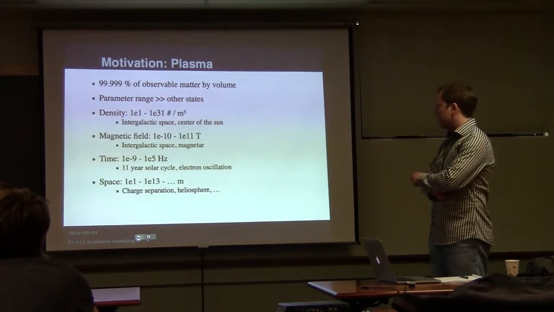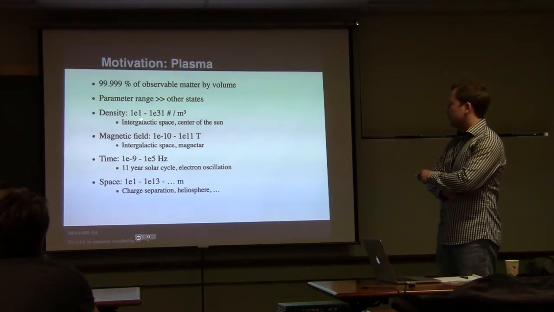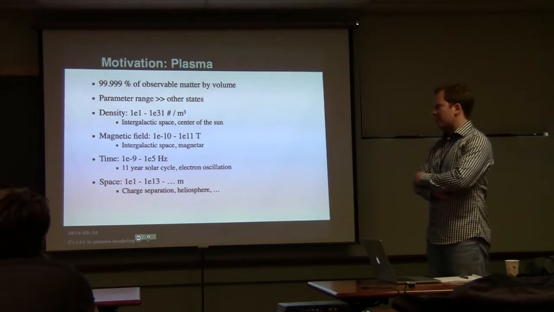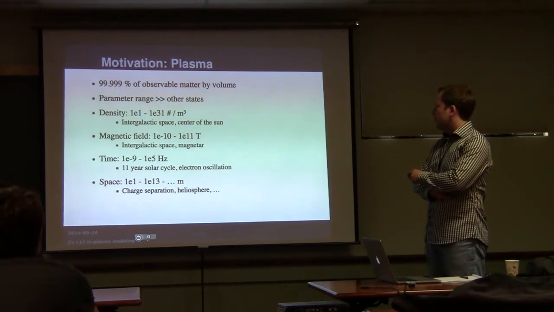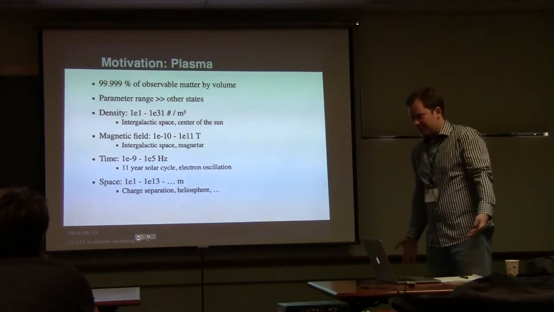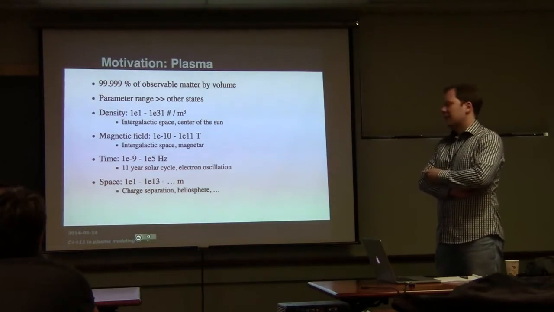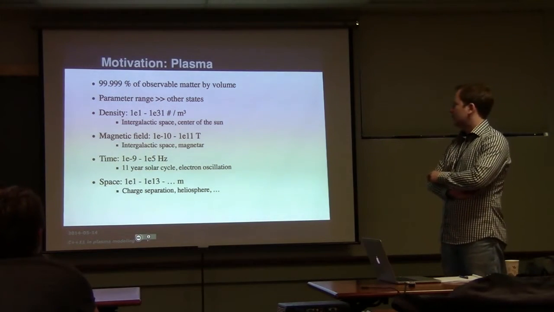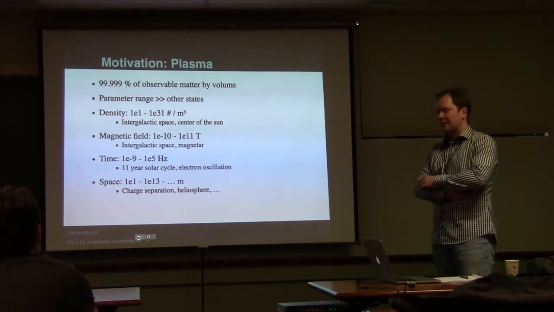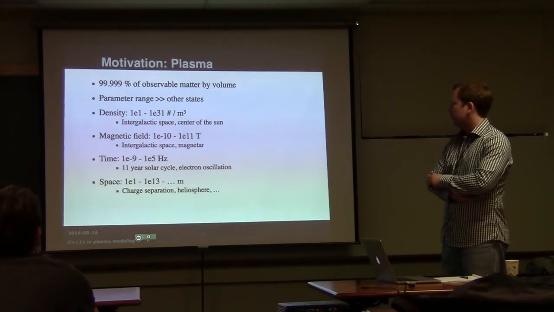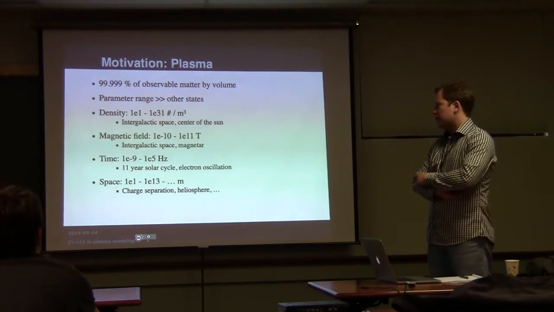For example, density of plasma can vary 30 orders of magnitude, from 10 particles per cubic meter in intergalactic space to 10 to the 31 particles per cubic meter inside the center of the Sun.